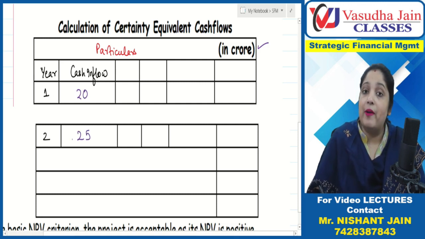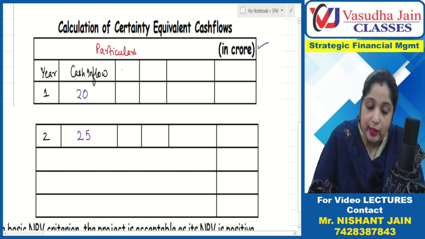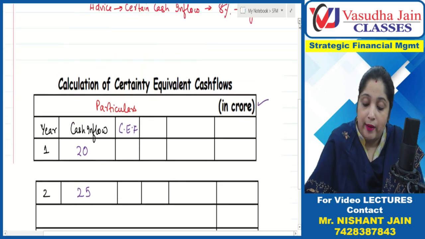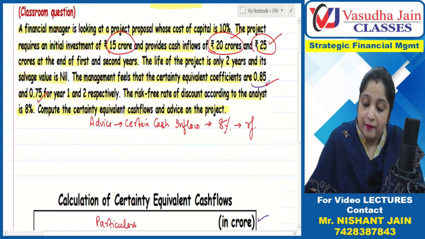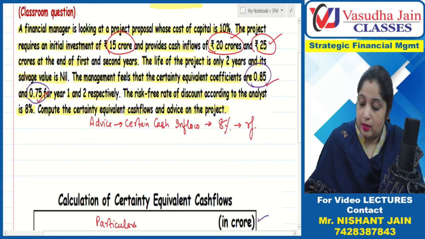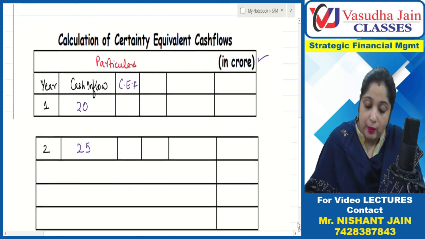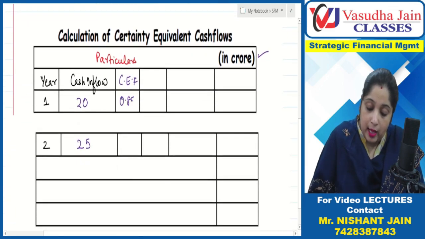Now, first of all, let us find out certain cash flows. So let us multiply it with the certainty equivalent factor. Now, what is your certainty equivalent factor? For the first year, 85%, second year, 75%. So let us multiply with 0.85 and 0.75, right? Let us multiply.